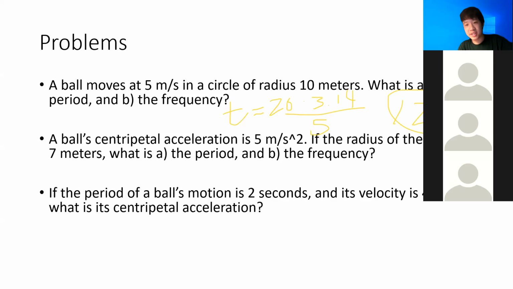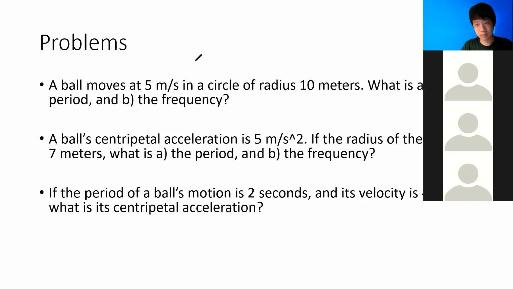All right, would you want to explain how you would get the frequency from that? Yes, let me erase all of this first. The frequency is just the inverse of the period. If you're doing this on an advanced calculator, you can just press the x to the power of -1 button, because frequency is just 1 over t.